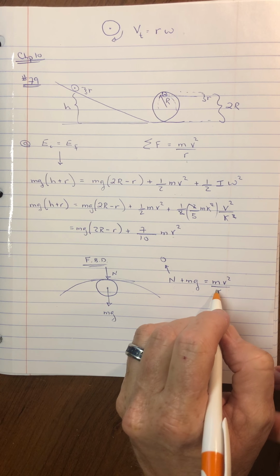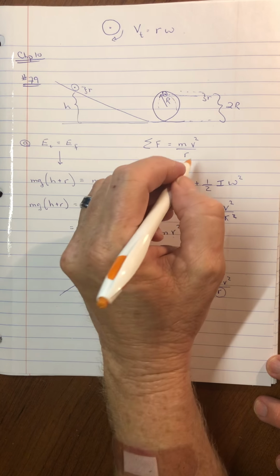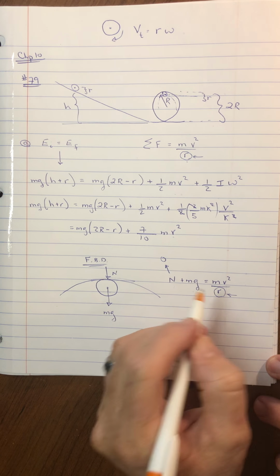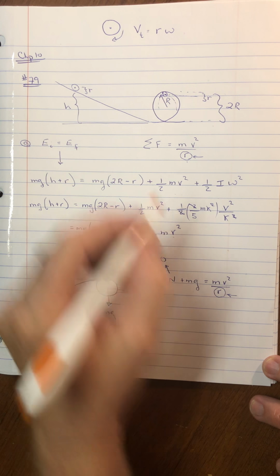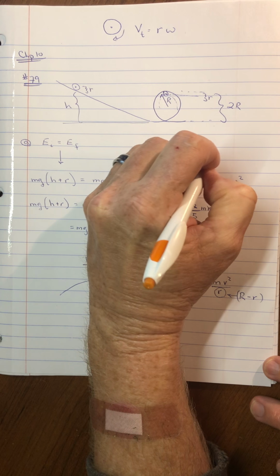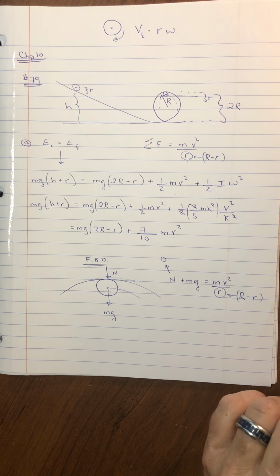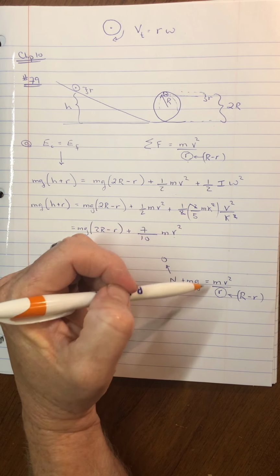Oh, and I should be careful back here. This R is the radius of the circle. Same thing here. So this R, the radius of the circle, would be the radius of this center of mass. So in our diagram, that would be the capital R minus the lowercase r, just to be clear there. And so this was probably a poor notation on my part here at the beginning.